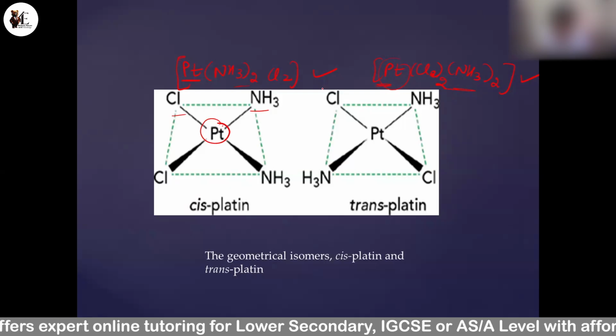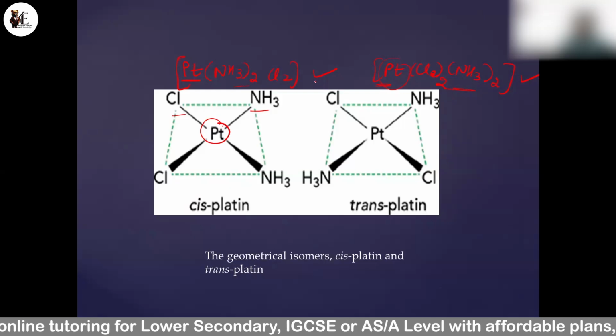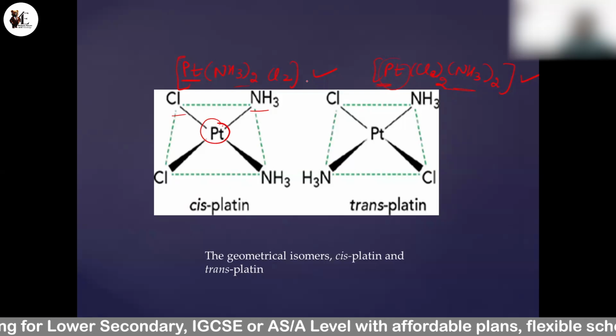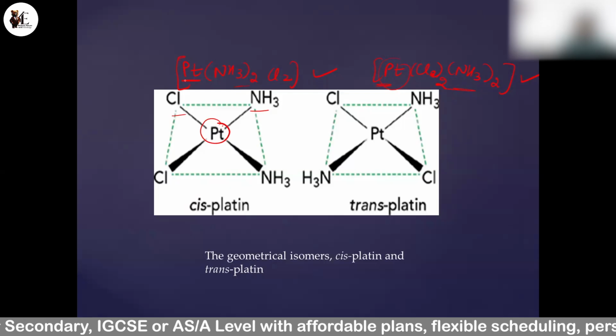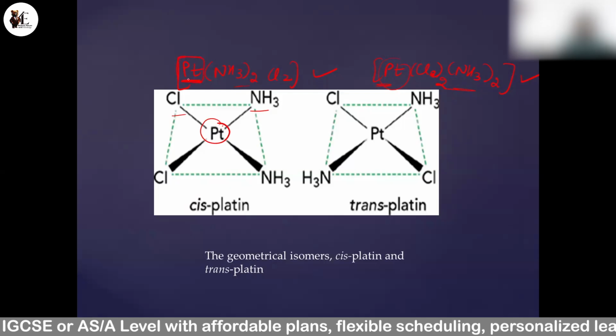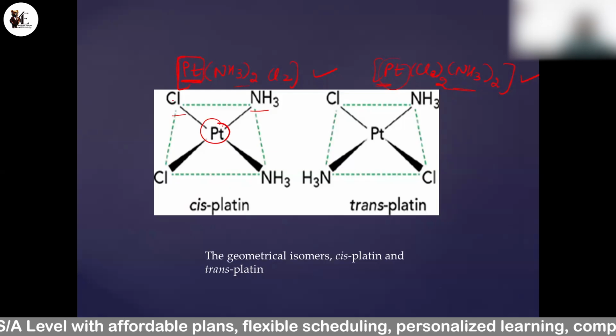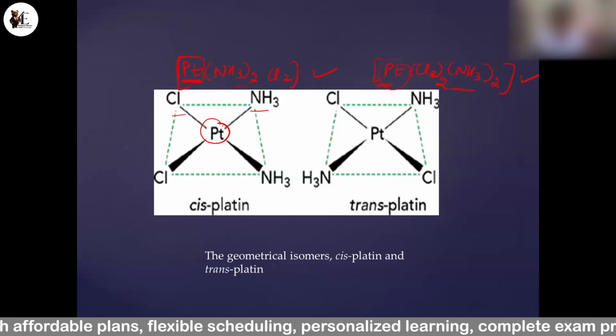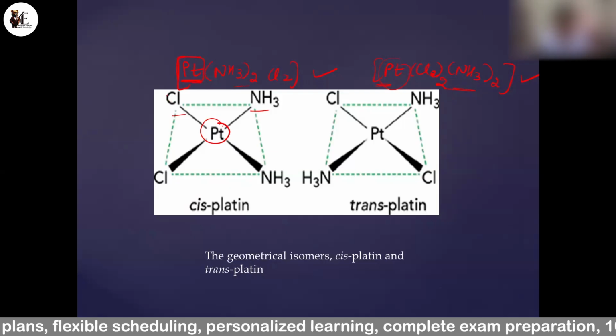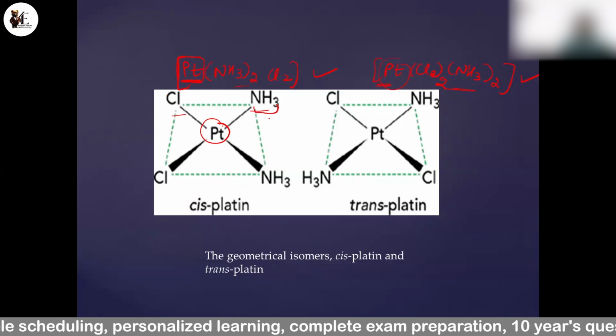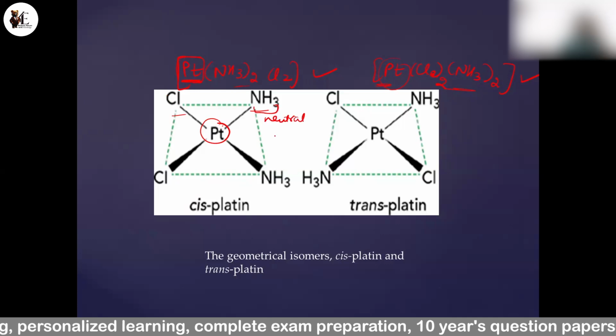Ma'am, what about the charge? What about its charge, oxidation state? You tell me what is the oxidation state of platinum here. Calculate and tell me. Ammonia is neutral, a neutral ligand.